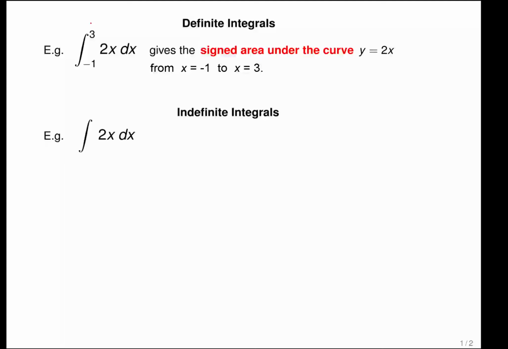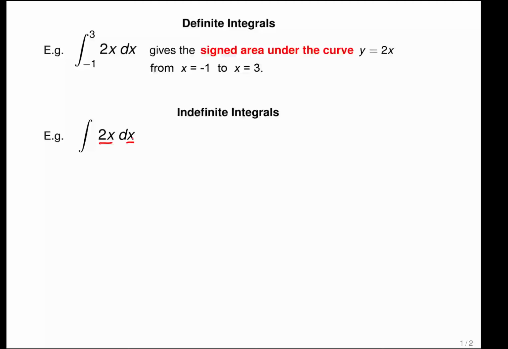In this module, we're going to focus on the other type of integral, which are called indefinite integrals. Consider the following indefinite integral of the function y equals 2x with respect to the variable x.